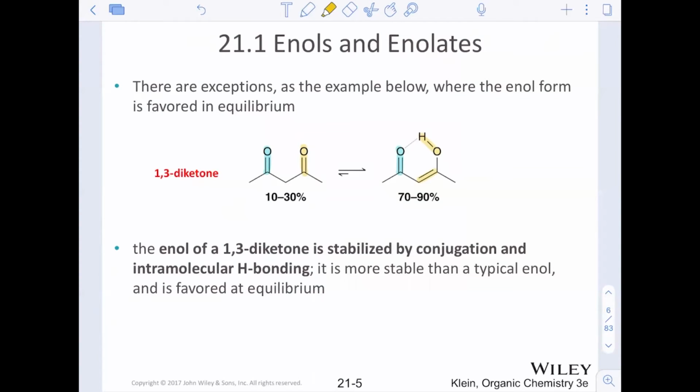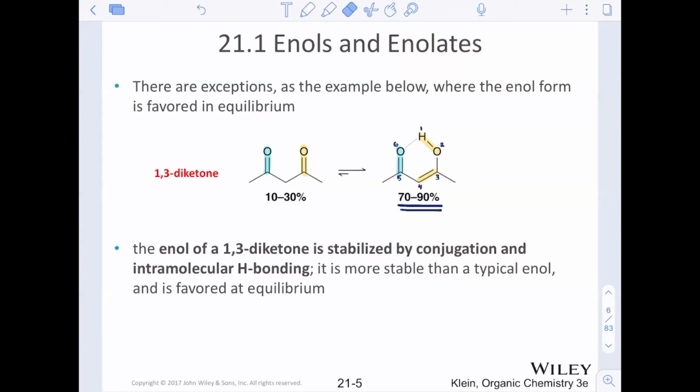It does exist in a relatively high abundance in this enol form, probably due to conjugation between the alkene and the carbonyl that's left over, and intramolecular hydrogen bonding. Remember, we've talked about 5 or 6 membered ring interactions. 1, 2, 3, 4, 5, 6. There's your 6-membered ring that is causing that hydrogen bonding to be favorable.